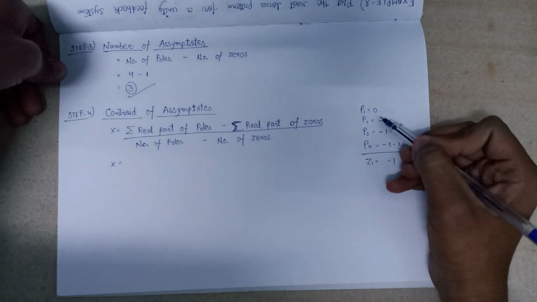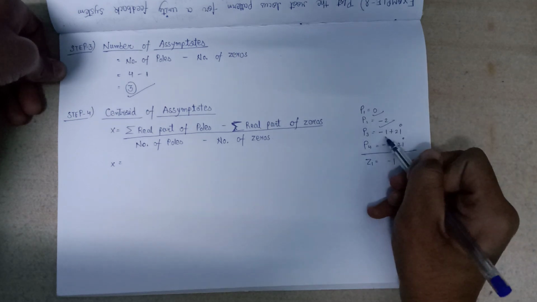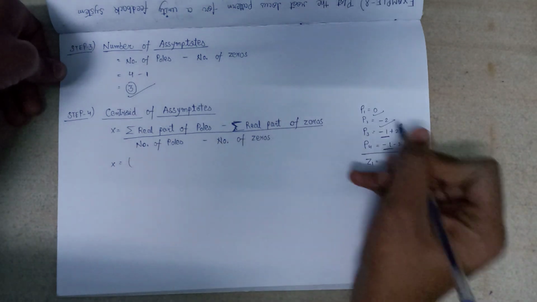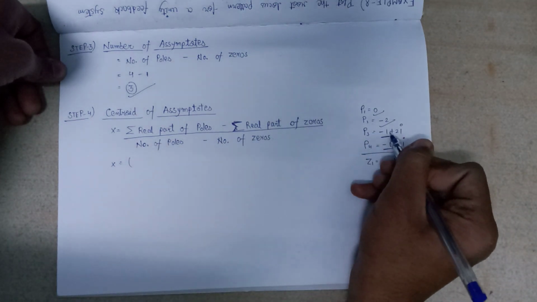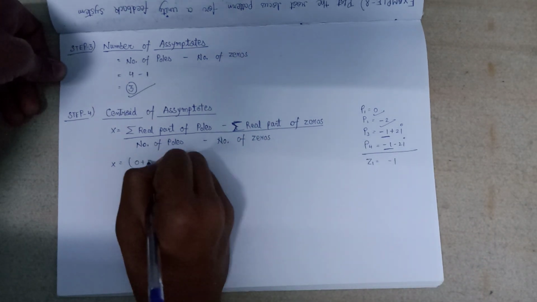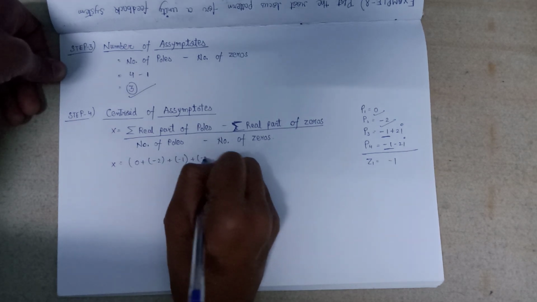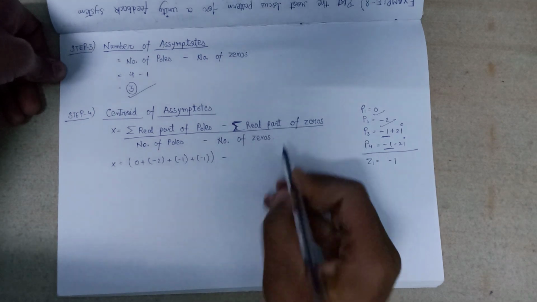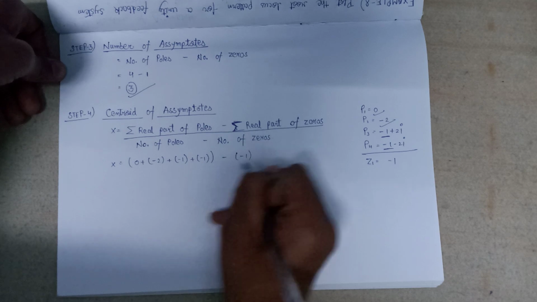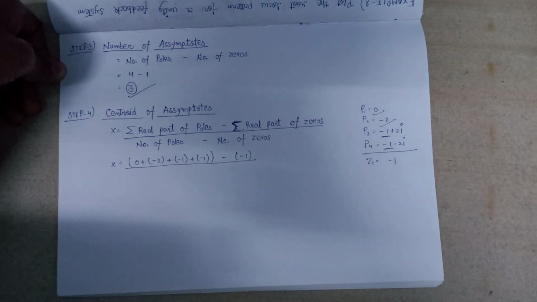So on summing the real parts of all the poles, here -1 is the real part, and -1 is the real part. So 0 + (-2) + (-1) + (-1) minus the real part of zeros, that is -1, whole divided by the number of poles minus zeros.